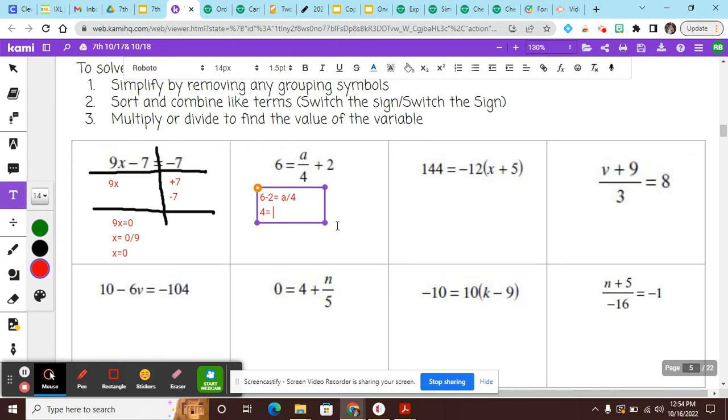So 4 is equal to a divided by 4. And now it says multiply or divide. Well, in this case, my opposite operation of divided by 4 is going to be multiplied by 4. So I'm going to end with 4 times 4 is equal to a. And I know that 4 times 4 is 16. So I'm going to end up with 16 is equal to a.